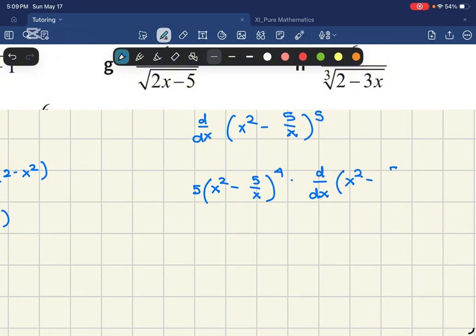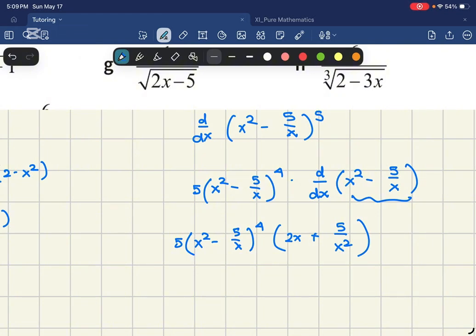Whatever was not x. So 5(x² − 5/x)^4, and then when you differentiate the inside, you get 2x − 5 × (−1/x²), I think. I'm going to leave that as an exercise. You differentiate the first part, you're going to get 2x. You differentiate the second part, you keep 5, you get −1/x², right?